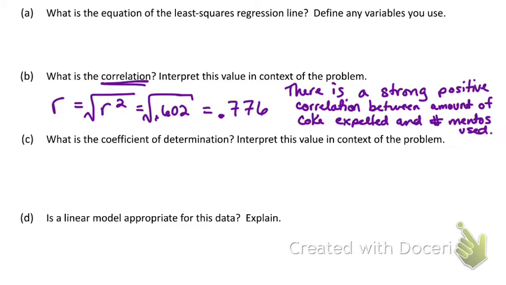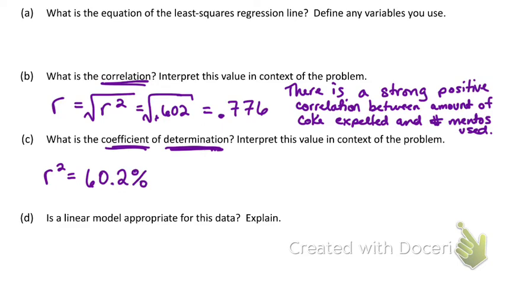Cool. All right, what is the coefficient of determination? This is a very fancy way to ask you guys, what is R squared? Now that was given directly to you. What was R squared? 60.2.